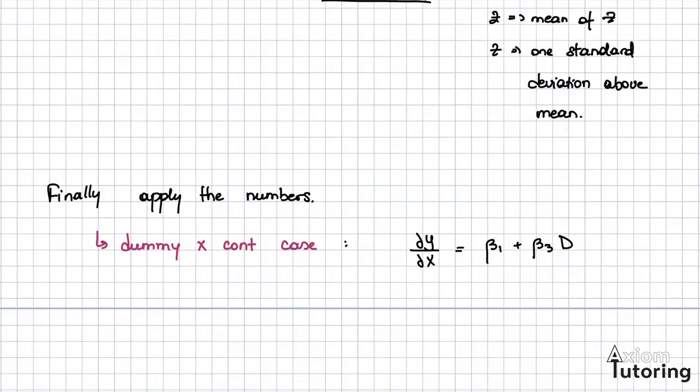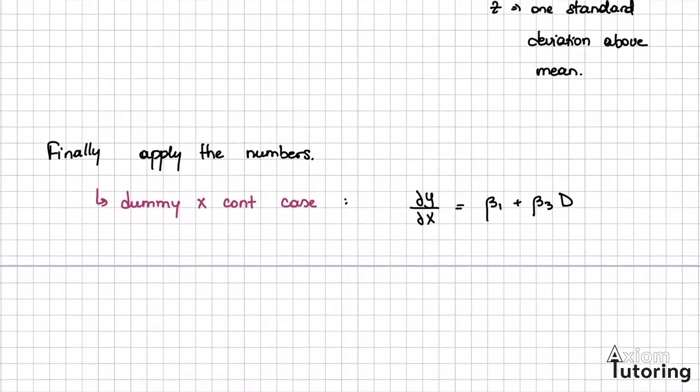Okay, assuming here that x is your continuous variable and z is this d variable, which is a dummy. In this particular case, you will have two subcases to look into: if d is equal to 0 and if d is equal to 1.